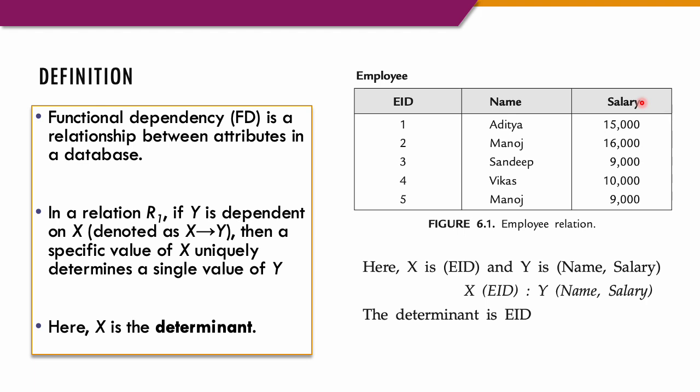We can express this dependency as employee ID to employee name, and here the employee ID is the determinant, as knowing the employee's ID is enough to determine their name. So the functional dependency helps to maintain data integrity, and it's essential in database normalization to eliminate redundancy and anomalies.